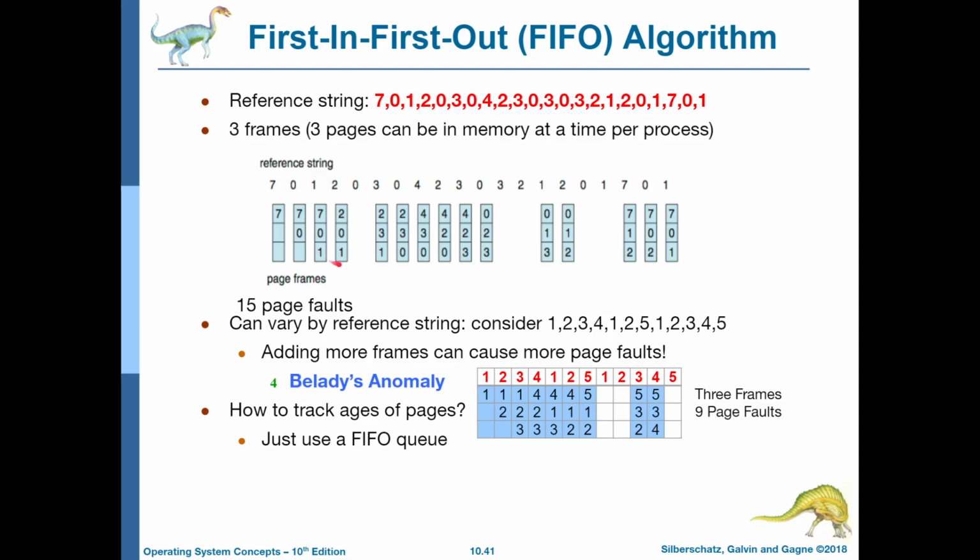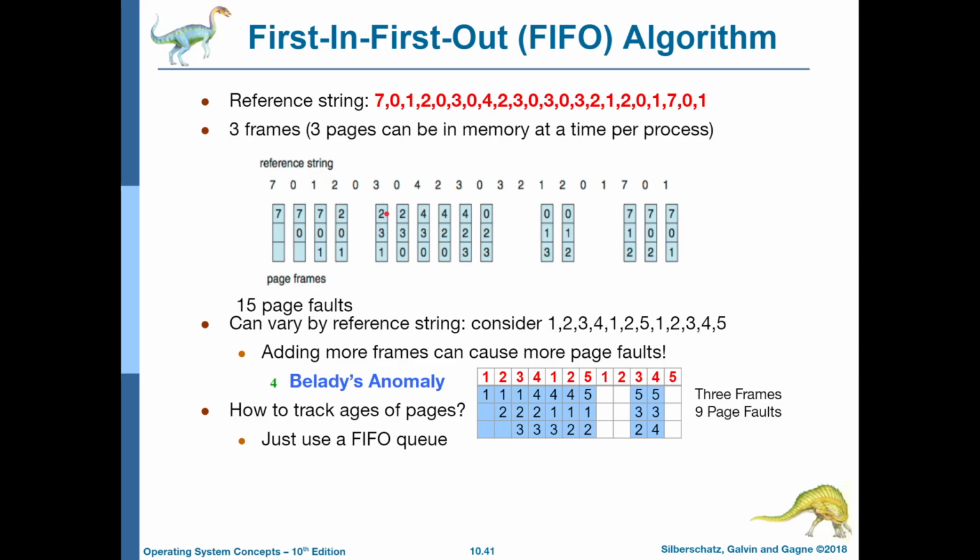This is first in, first out. So we go back up to the top of the list and we swap out 7 for the number 2. Now there is no page fault for this access to 0 because 0 is already in memory. So no page fault. We've only got 4 page faults so far until we access 3.